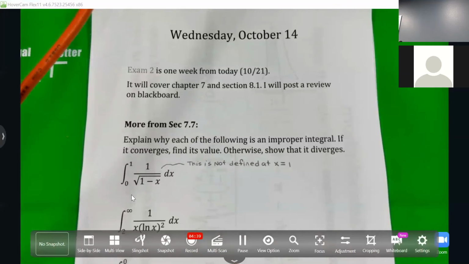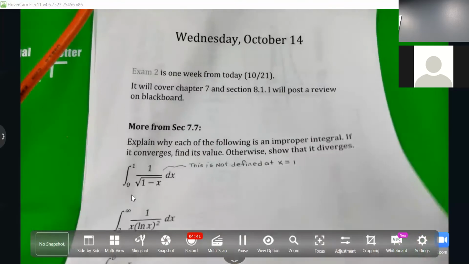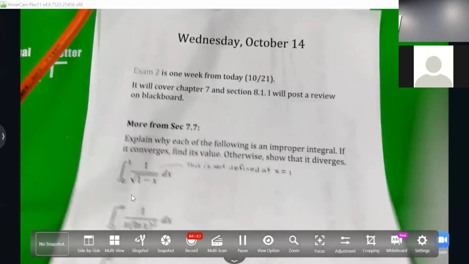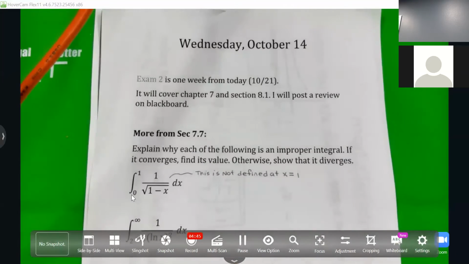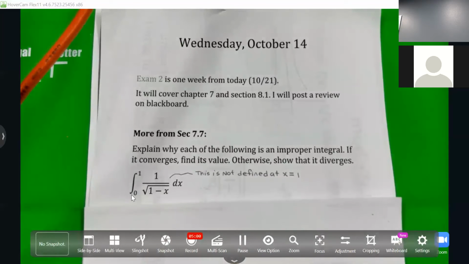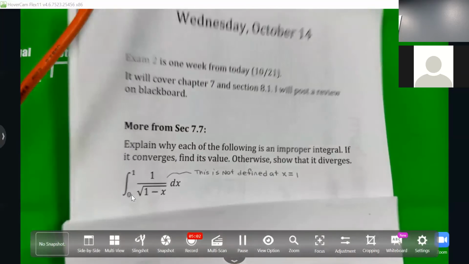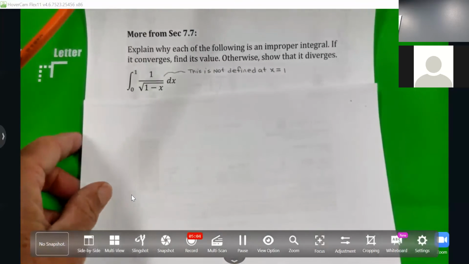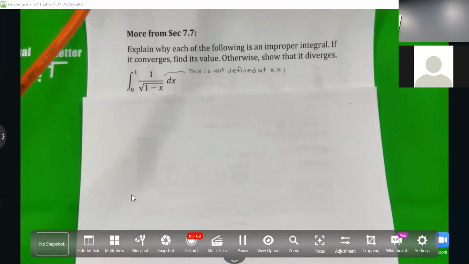Now, in order for me to work this out, I'm going to need a little bit more room. So let me grab a blank sheet of paper, and we'll work it out on it. So it's x is 1. That's the problem spot. So we take the 1 away, and we make it a letter.